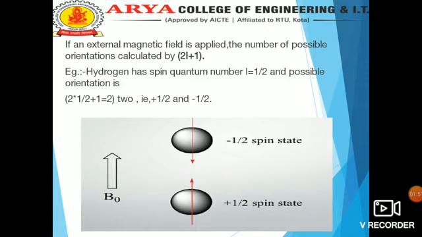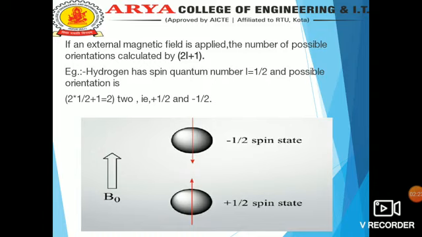If an external field is applied, then the number of possible orientations is calculated by the formula 2I plus 1, in which I equals 1 by 2, and the possible orientations are 2, that is plus 1 by 2 or minus 1 by 2.